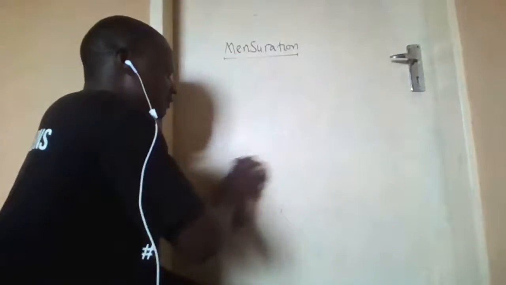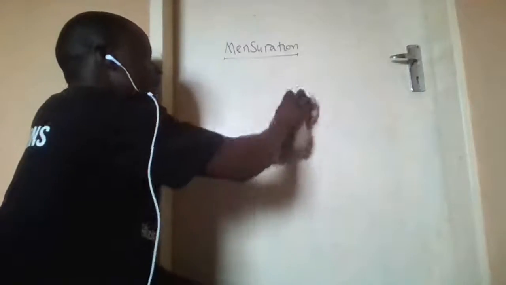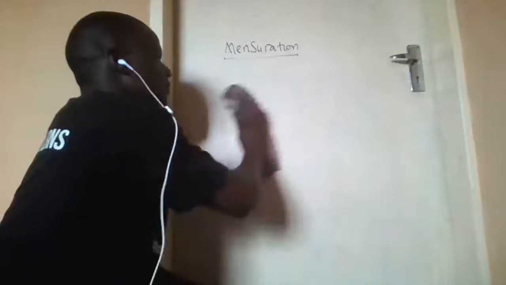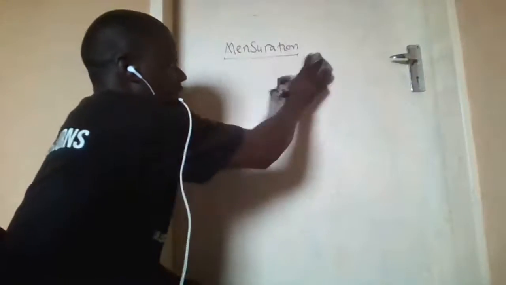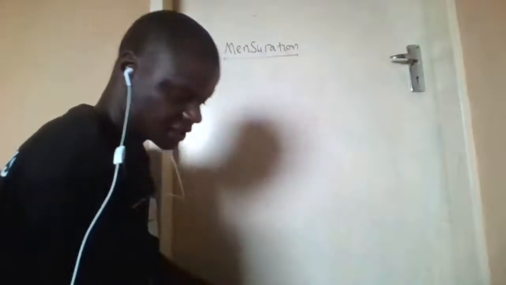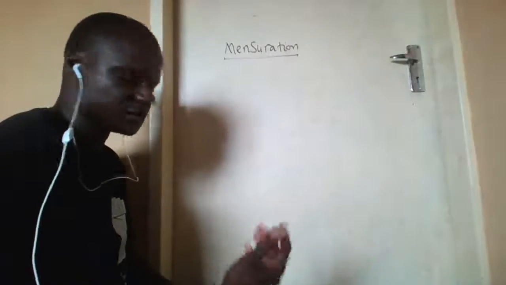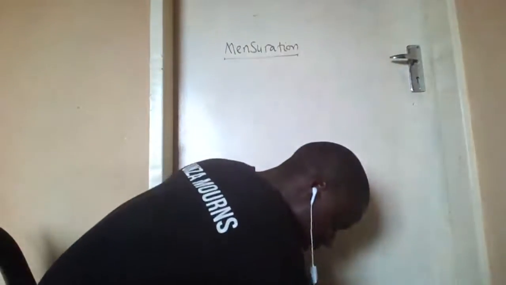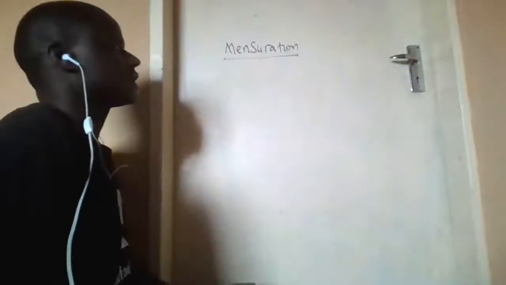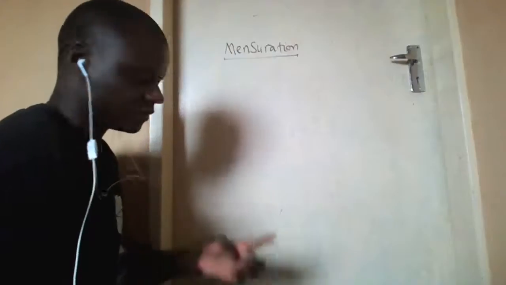If the shape of the base is a triangle, it's called a triangular prism. Today the prisms we're going to look at are either rectangular or have a base which is a circle. But I want us to start with the cone. How do you find the volume of a cone?